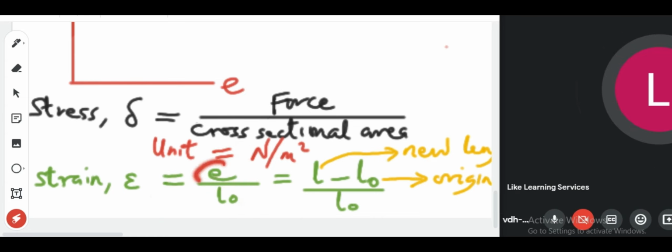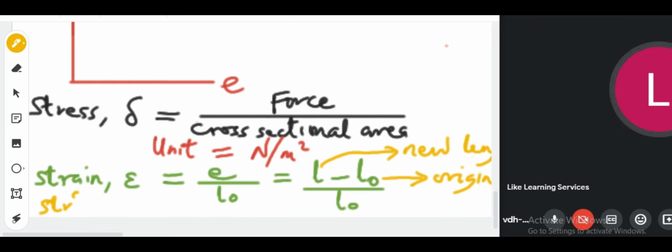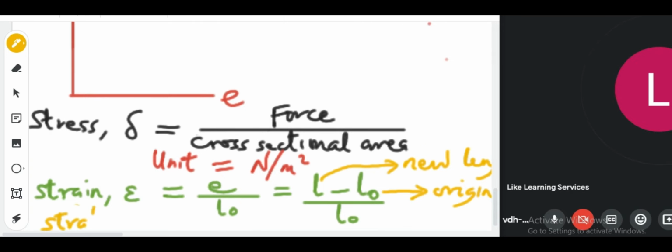The SI unit of extension is meter. The SI unit of original length is meter. So the meter will cancel out the meter. So strain has no unit. Strain is a unitless quantity, just like relative density and what have you.